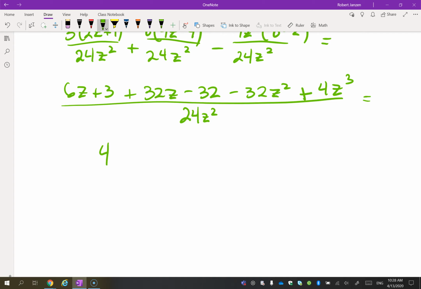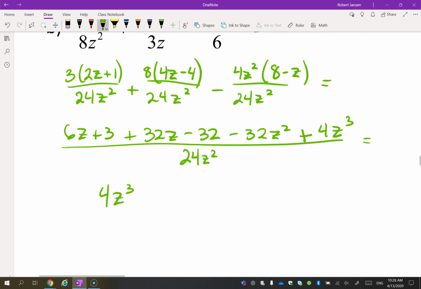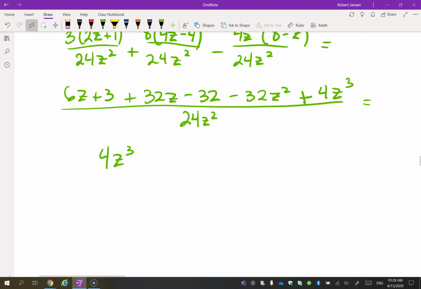Okay, let's simplify. 4z cubed. And then I'm looking at, are there any z squareds? Looks like 1. And then 32z and 6z plus 38z. And then minus 32.